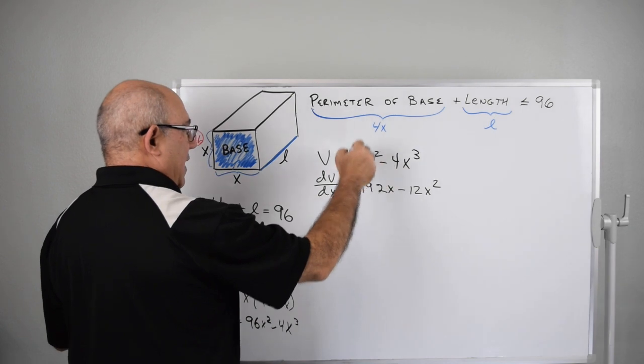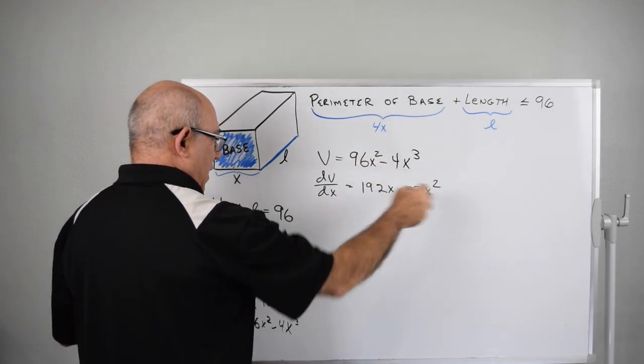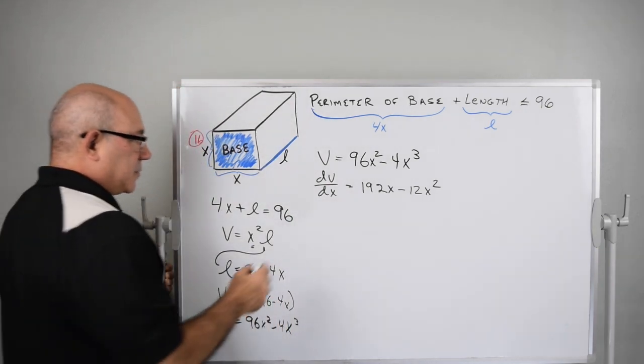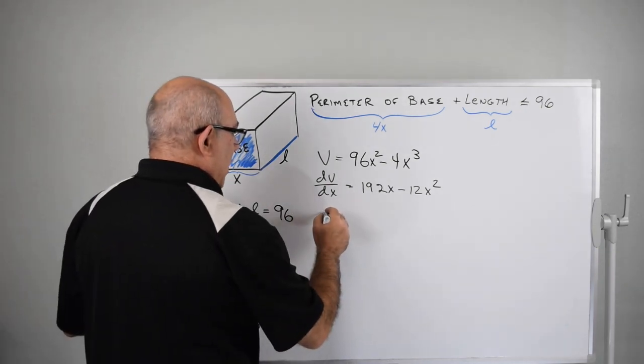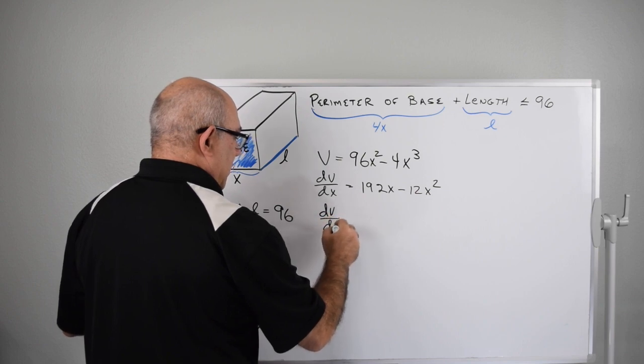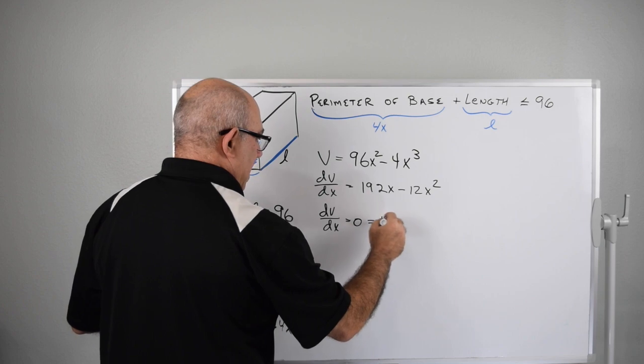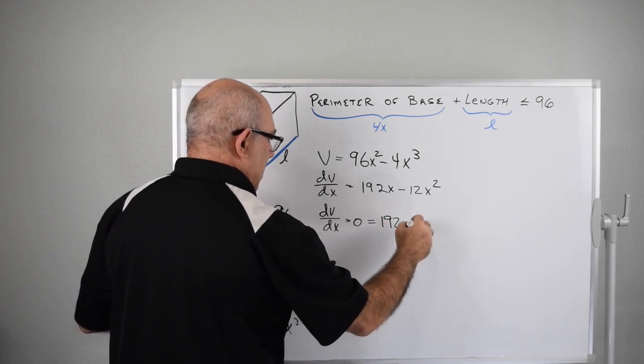That's bringing the exponent down and reducing it, for each term. And that is our formula. So now we can take that and set it equal to 0 and then solve this equation.